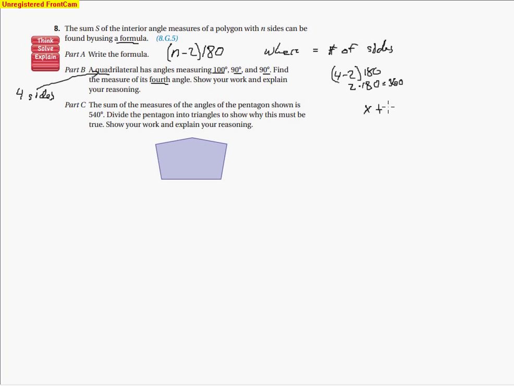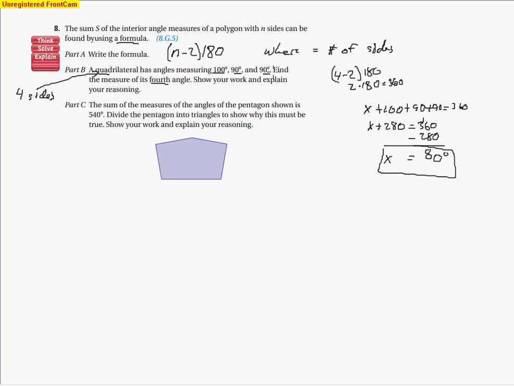So it's x, we don't know what it is, plus the 100, plus the 90, plus the other 90, and that all equals 360 degrees. So I add these numbers together, I get x plus, this makes 180, plus 100 is 280, equals 360 degrees. So I subtract that 280 from both sides, and I do a little borrowing, and I get 80 degrees. So x is 80 degrees.